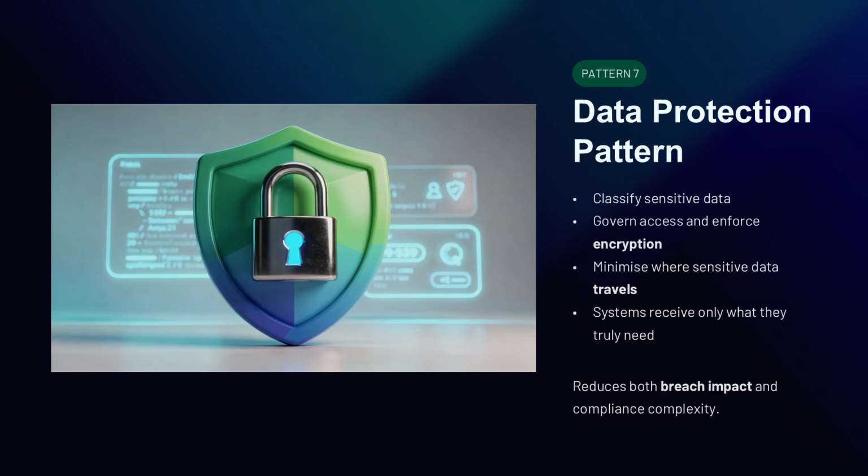The strongest data protection patterns do not only add controls, they reduce exposure by limiting where sensitive data travels, reducing duplication, and ensuring systems only receive what they truly need. This approach reduces both breach impact and compliance complexity.